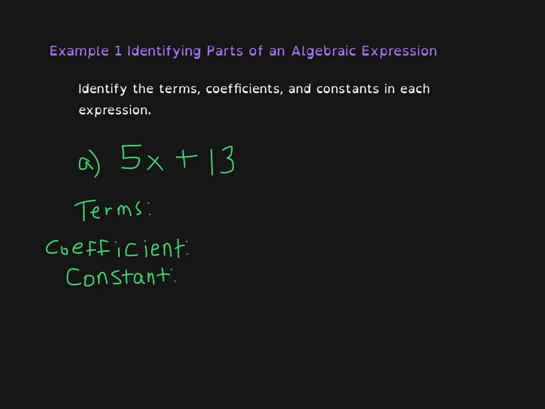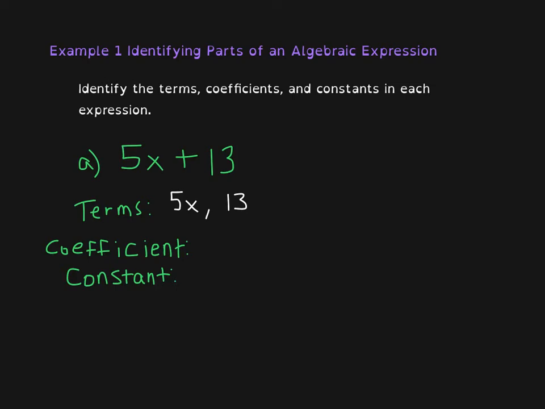Remember when we talked about terms, terms were all those things: the variable, the coefficients, and the constants. So if I'm looking at terms in this respect, my first term in this would be 5x because it's together. My second term would be 13. Now my coefficients, if you remember, a coefficient is the numerical factor of the term that contains a variable.